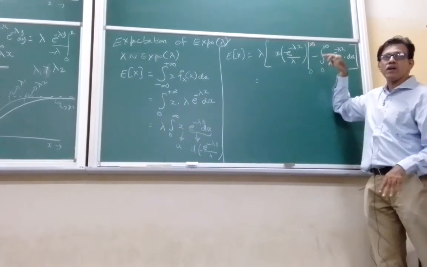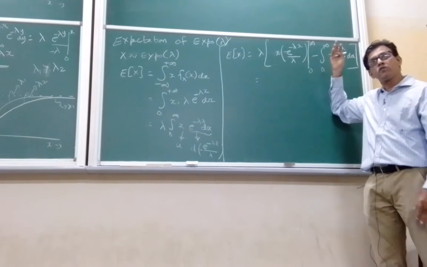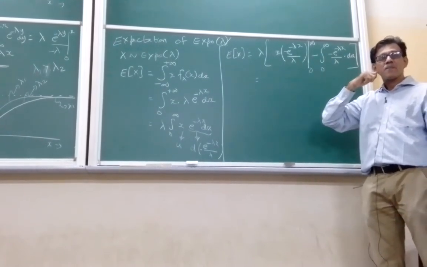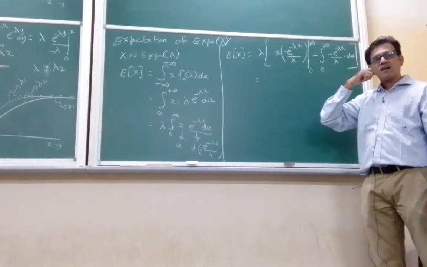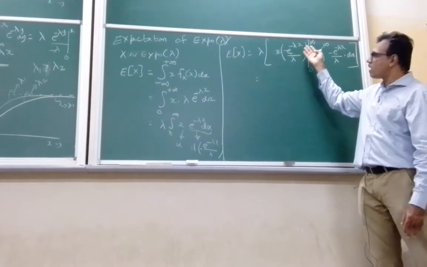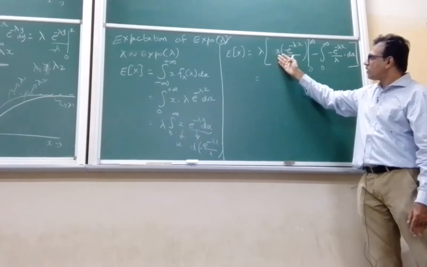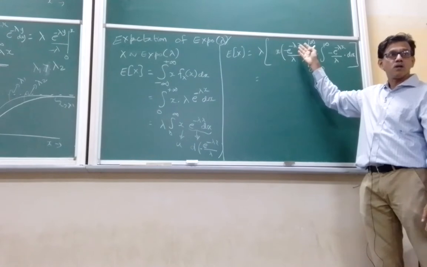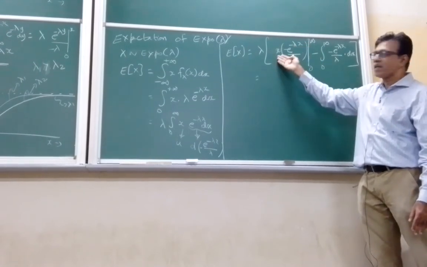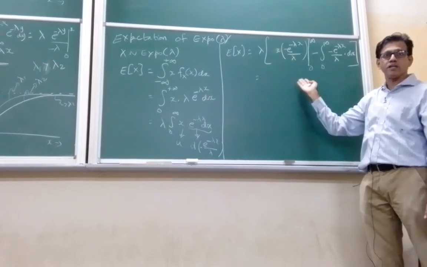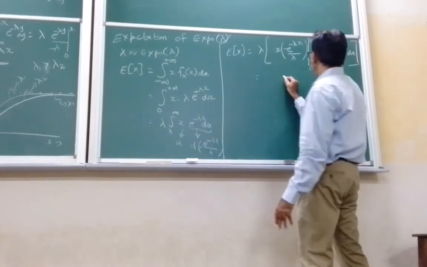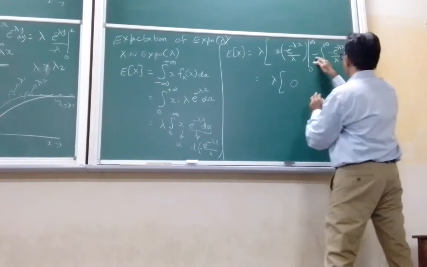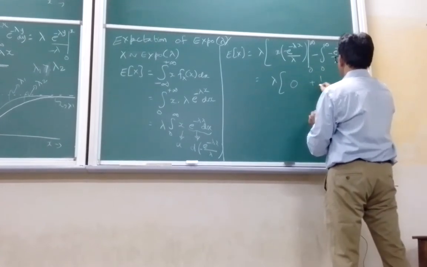But when you put infinity, is it definitely 0 or is it more? This is infinity, but it is e power of minus infinity, which decays faster than this grows. So the limit should be such that it is 0. So it is 0 only. The entire function is lambda, so here minus minus plus, and this lambda also comes out.